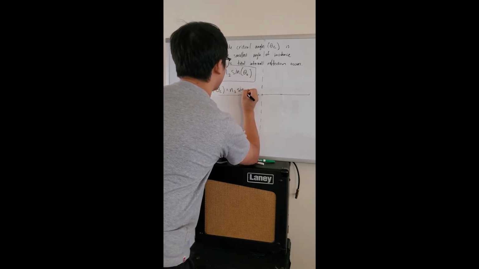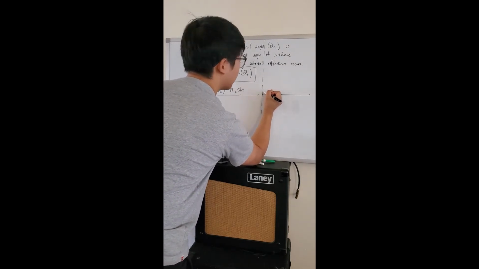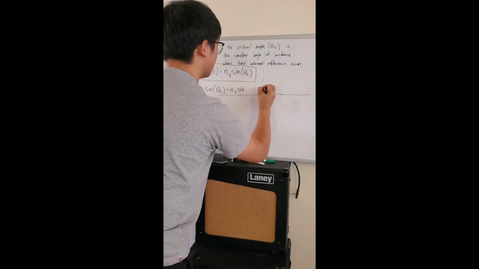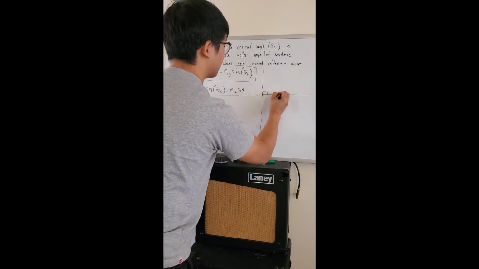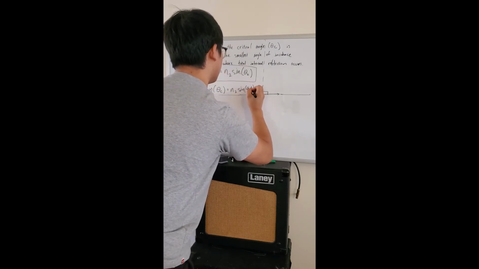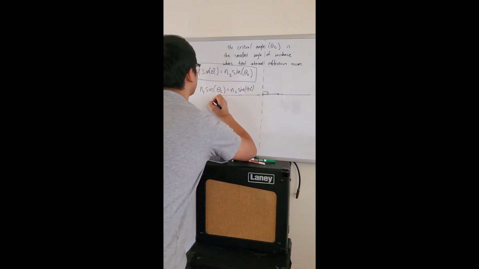But remember, the critical angle is when that refracted angle was 90 degrees. So we want this refracted ray to be 90 degrees, so we have sine of 90 degrees as your theta 2.